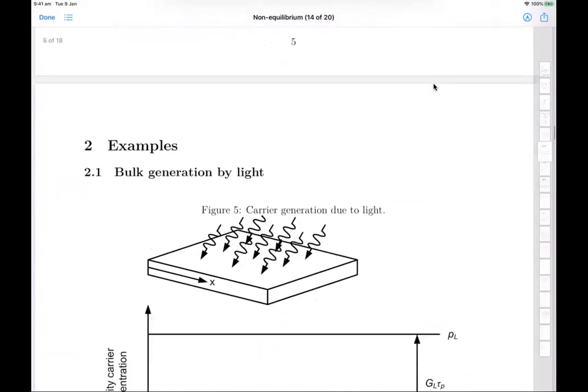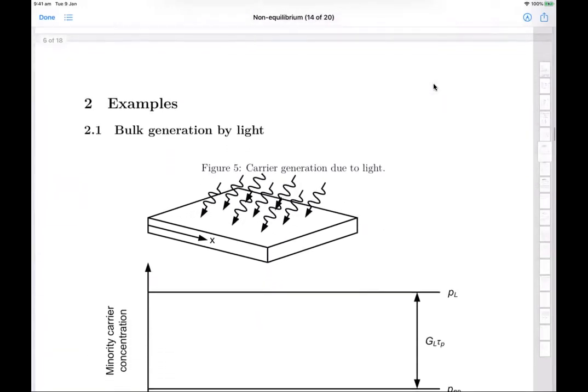So let's consolidate these ideas by looking at an example. In figure 5 here, we're showing light landing on a semiconductor. So the light is being absorbed by the semiconductor. And the wavelength of the light is such that we can get band-to-band generation of electron-hole pairs.